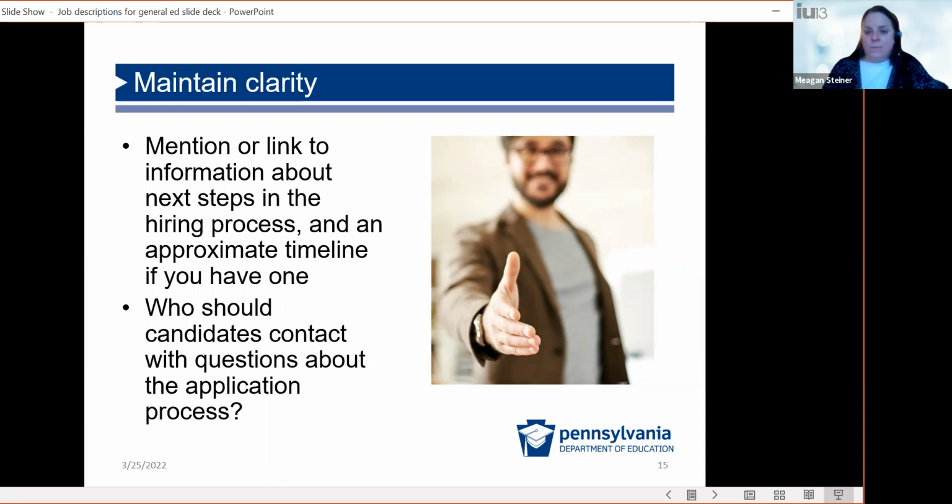You may have had the experience where random people in the organization or the school principal or the current 6th and 5th grade social studies teacher or random people in the central office are getting emails and calls about someone who just has a technical question about the application, because there isn't information about whom to contact with just a logistical question. Not, I'm trying to get an in into this job, but more, okay, can you explain what I'm supposed to do here? That sort of thing.